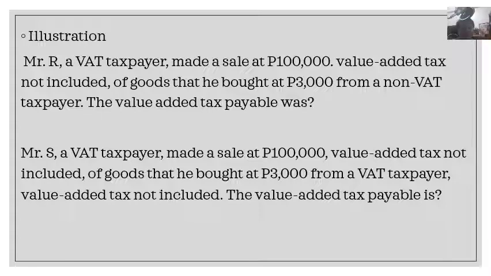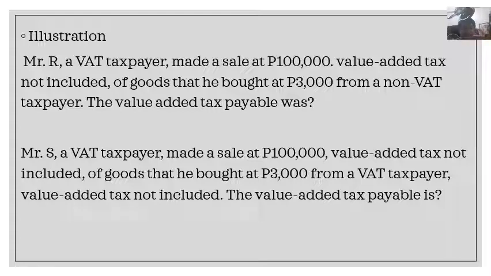So, syempre, magkakaroon na siya ng input tax. So, parehas lang naman itong dalawang problem. Ang difference lang is yung sa 3,000. Yung 3,000 ay binili dun sa una, non-VAT. Pero dito sa pangalawa, it is from VAT taxpayer na. Kaya, pwede mo nang i-deduct yung kanyang input tax. So, ngayon, ang mababago is magkakaroon na siya ng input tax.